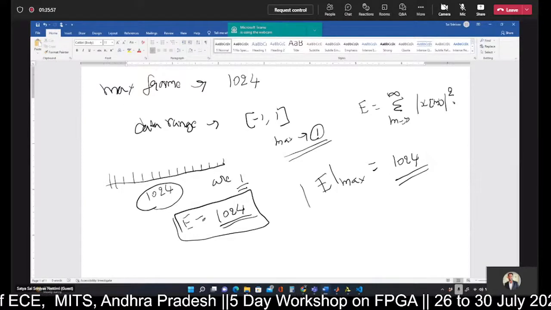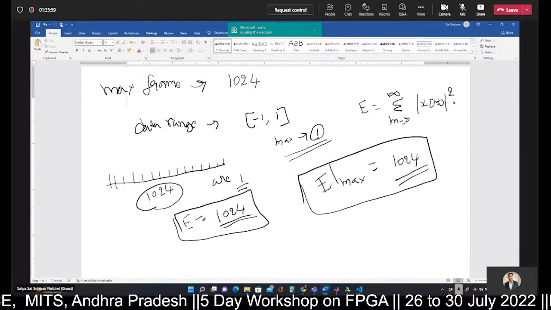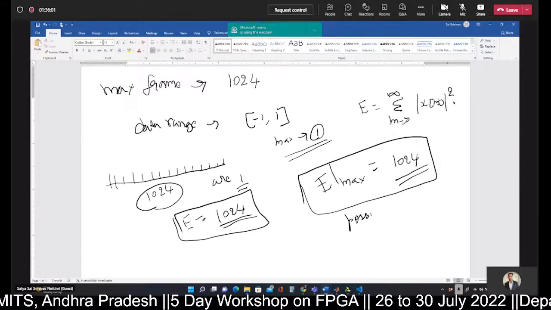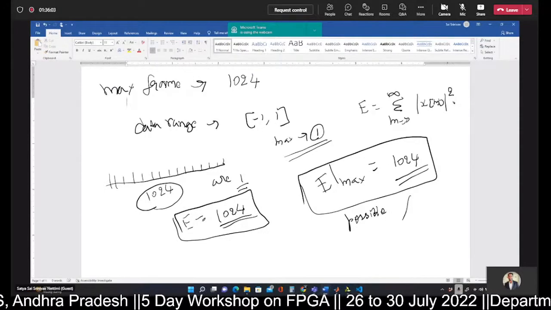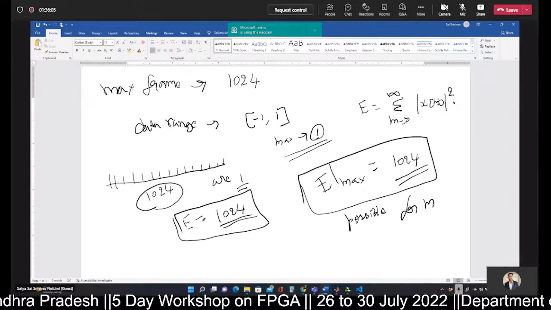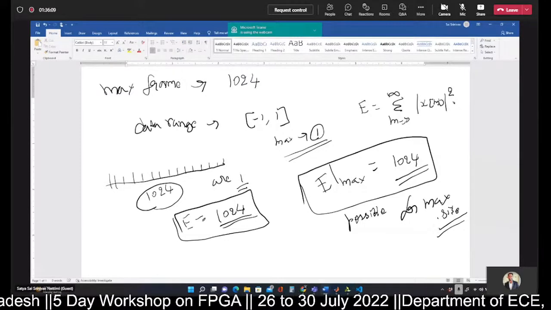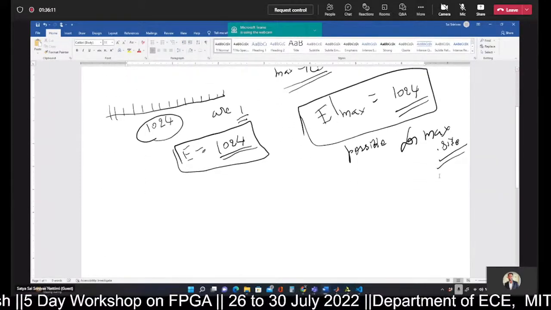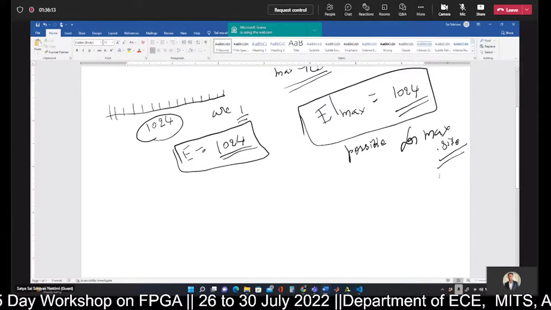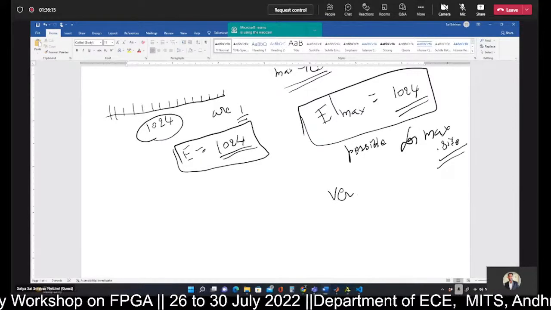So why am I calculating this maximum possible energy for the maximum frame size? This condition will not come very frequently, because this is very rare.